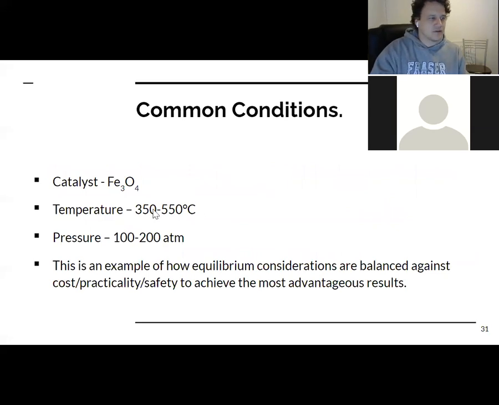So 350 to 550 degrees and 100 to 200 atmospheres of pressure. And when we use a catalyst, it gives us roughly the same results as if we had, I think it was, 200 degrees and 1,000 atmospheres of pressure. So we have to balance cost, practicality, and safety to achieve the most advantageous results.